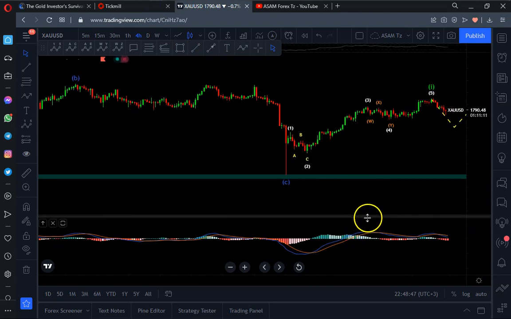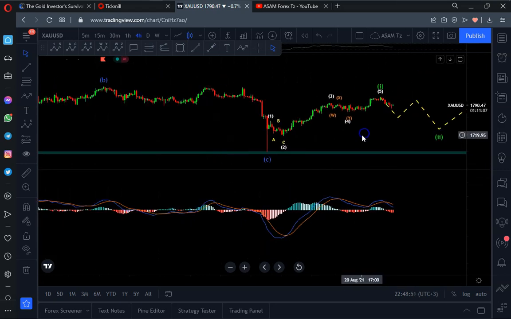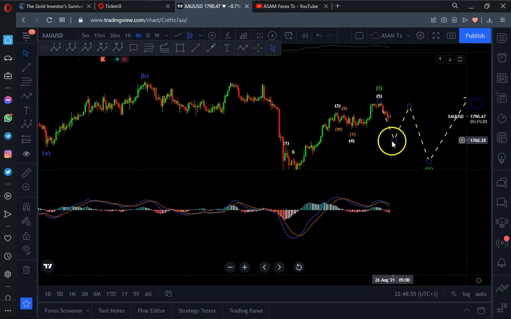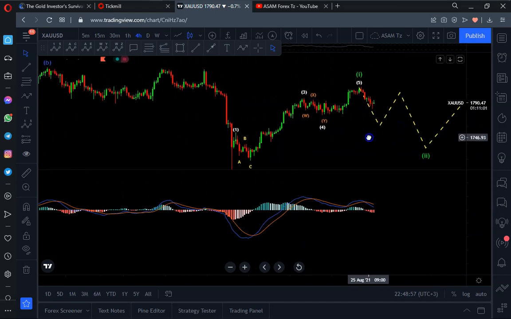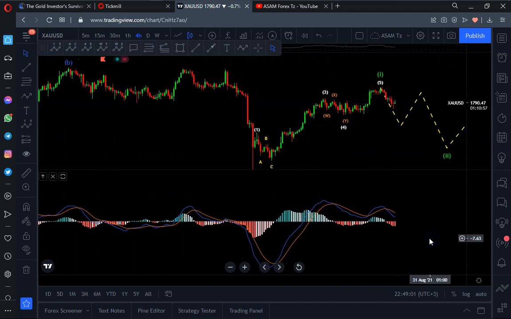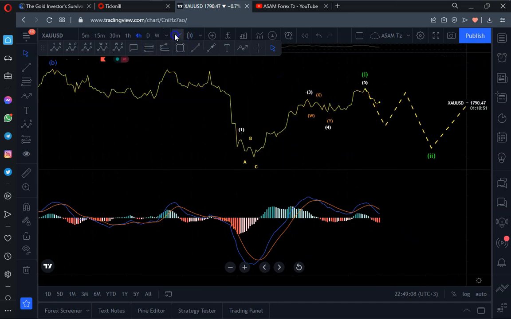I need to make clear the idea of divergence. I need to show somewhere where divergence is seen. Yes, let me check this area. Maybe I can put it on a line, like this.